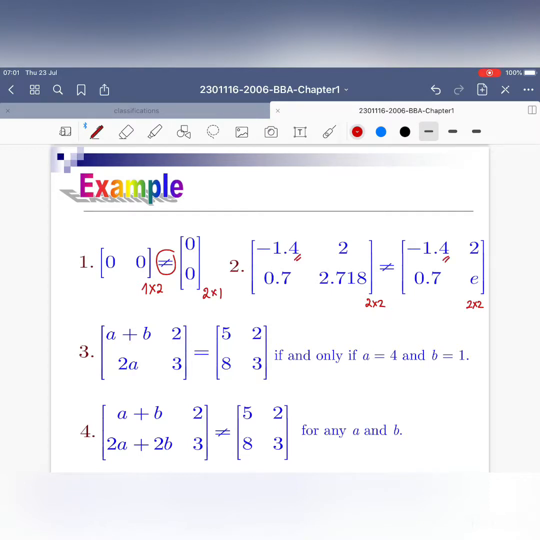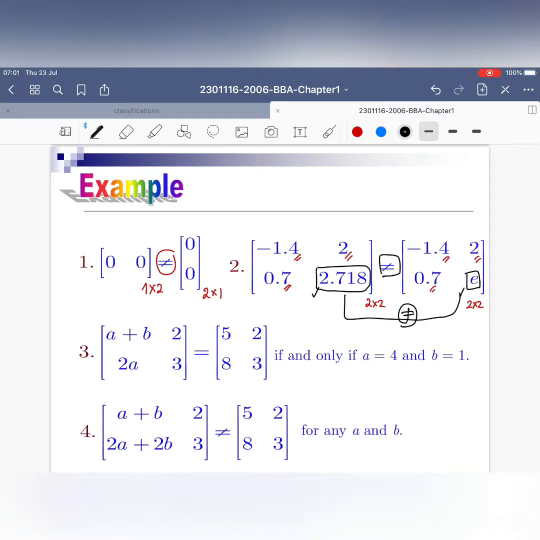I mean, A11, A12 are the same, A21 is the same. However, this one, A22, is not the same, okay. This one is a rational number, this one is a rational number. They are not the same, so these two matrices are not really the same, okay.